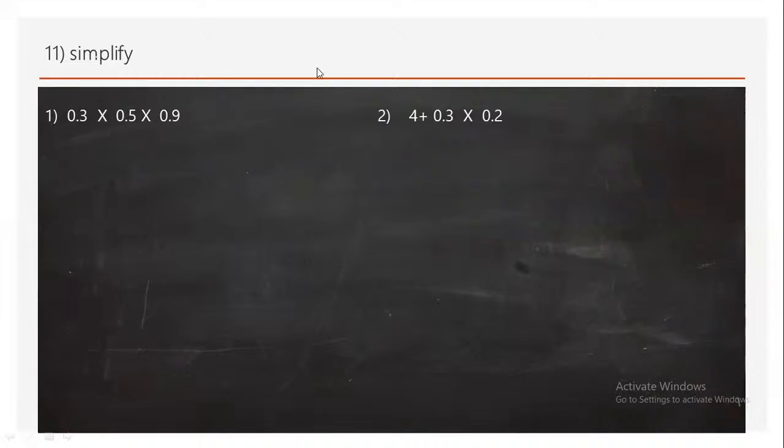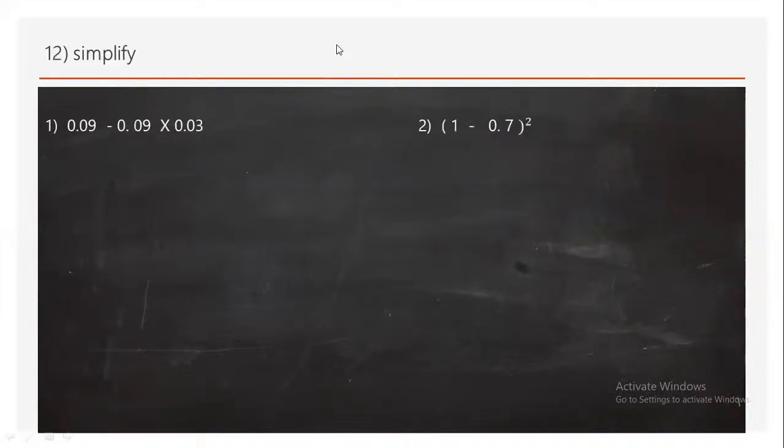Question number 12. Now, when we are doing this, some children used to do 0.09 subtract 0.09. No, we are not doing like this. We have an order of simplification. That is BODMAS order.